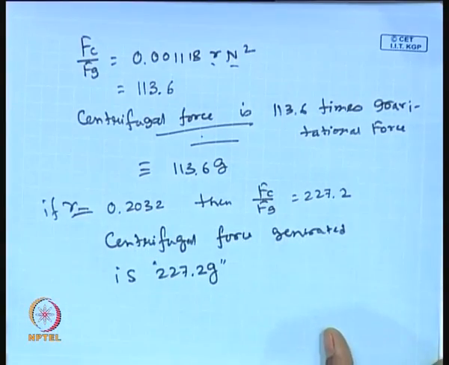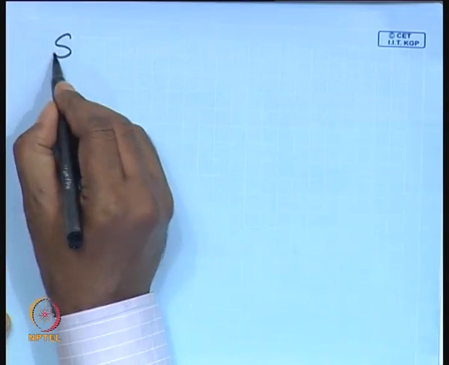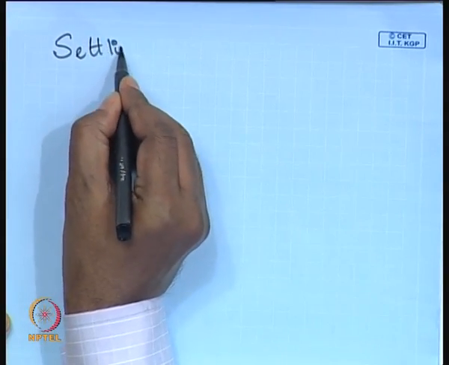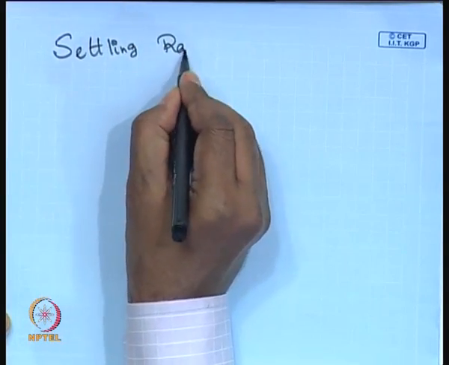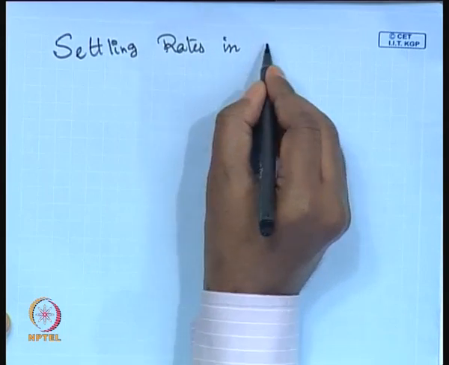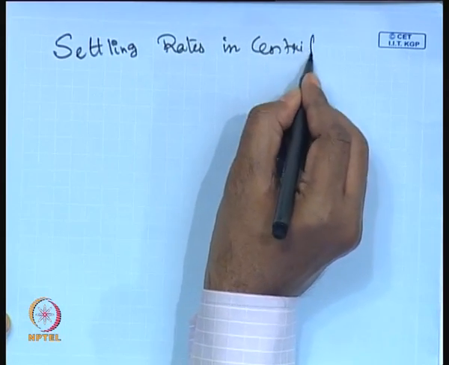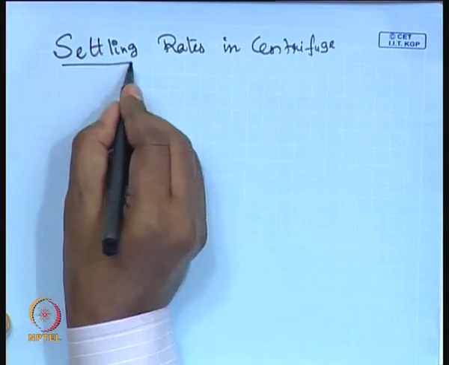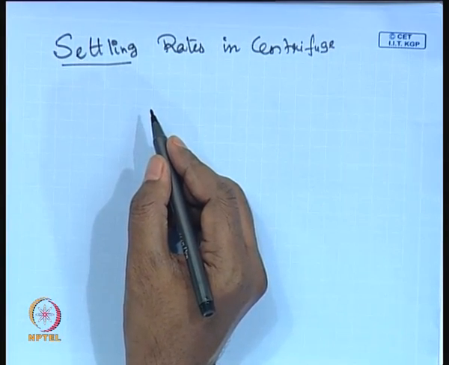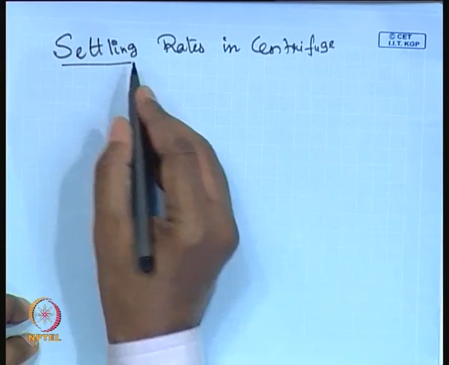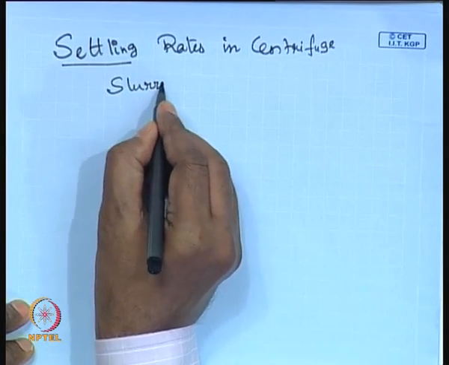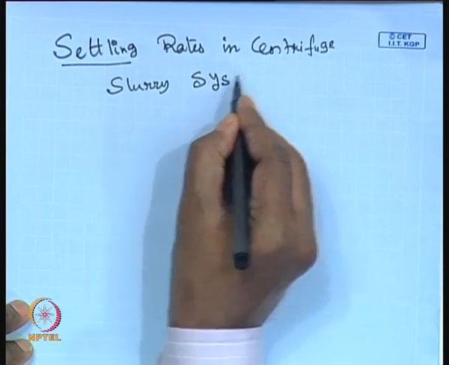Okay. Now, let us look into the settling rates in a centrifuge. We are talking about, let us say, a slurry system. And what is a slurry system?